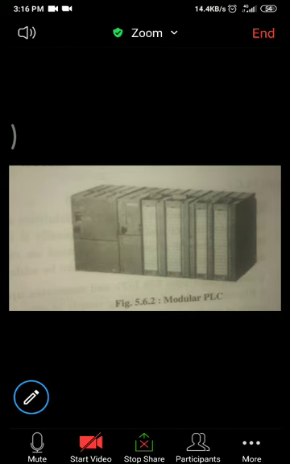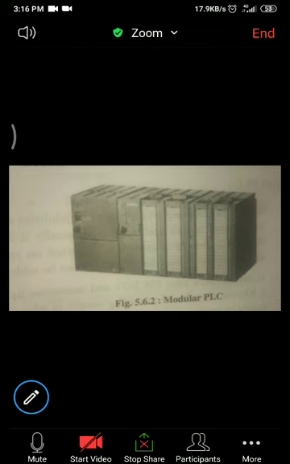These PLCs are moderate in size compared to the small and large PLC. It is bigger than the small PLC, but smaller than the large PLC. It has up to 2048 input outputs, a huge number compared to the small PLC and unitary PLC.